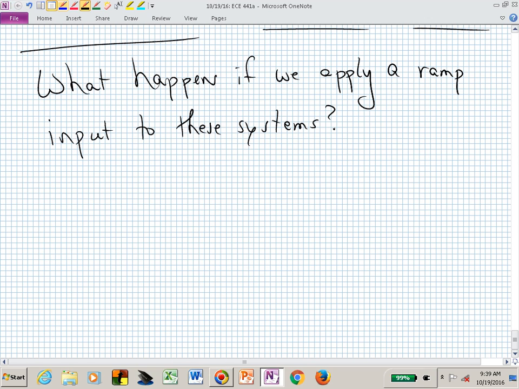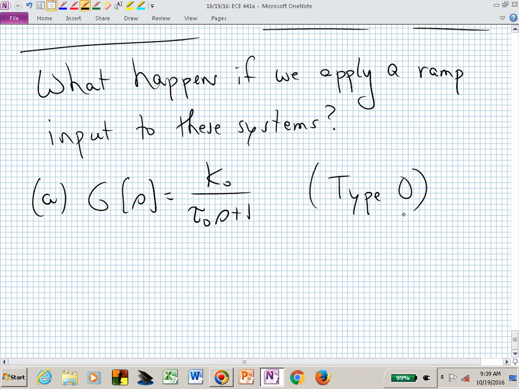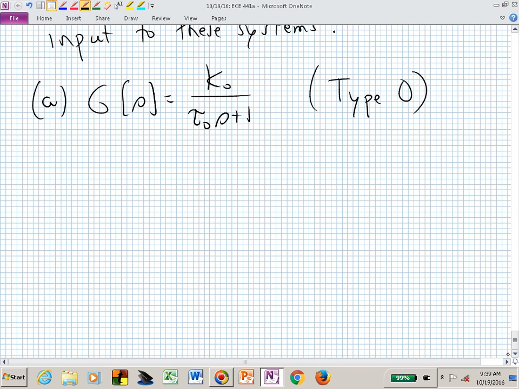So let's look at what happens for system A. Suppose we now have G of S equals K sub 0 over tau sub 0 S plus 1. And this is a type 0 system. Our error, E of S, hasn't changed in terms of our expression. That's 1 over 1 plus G of S times R of S.